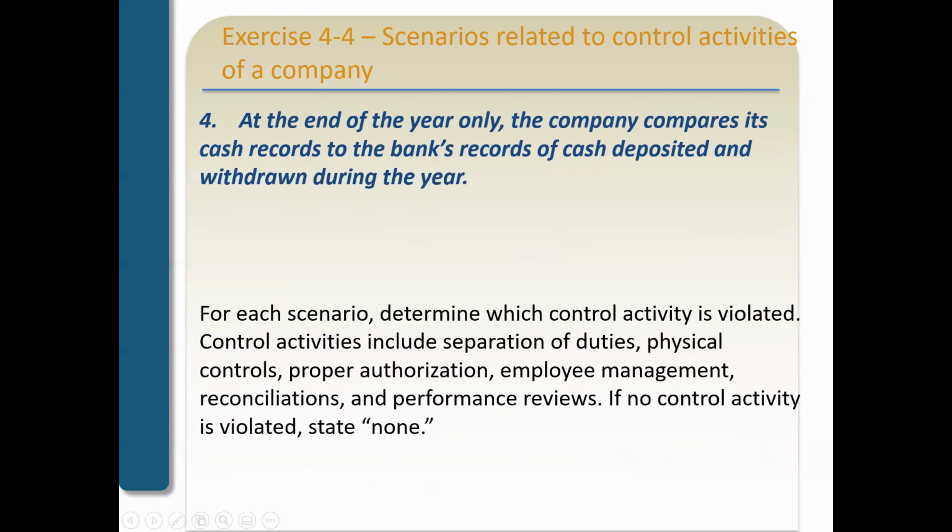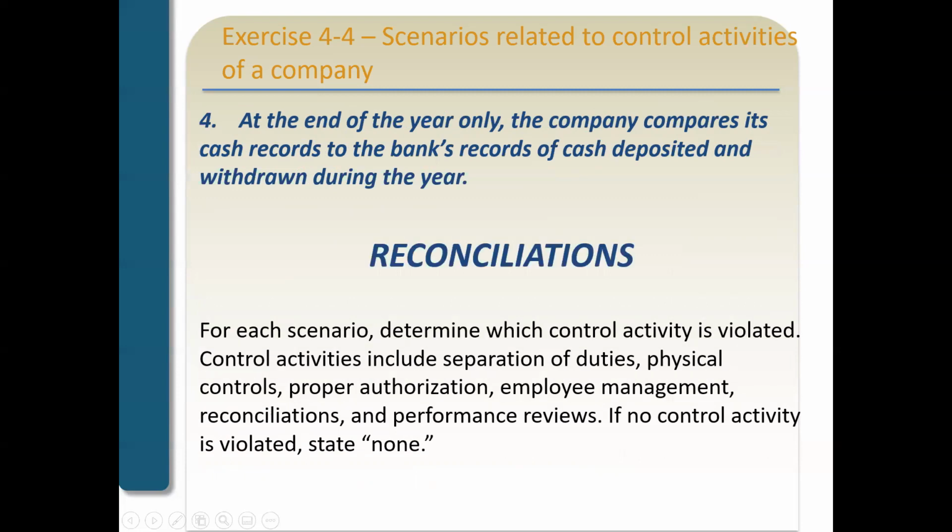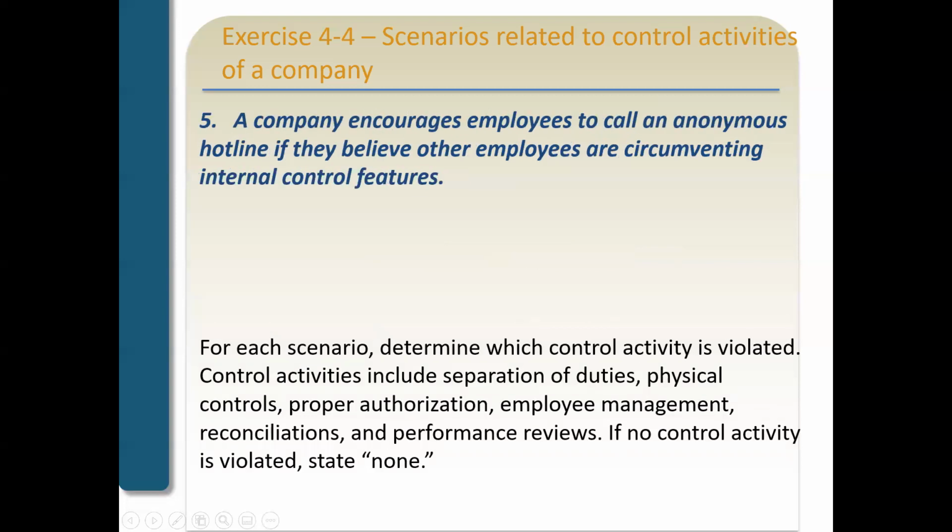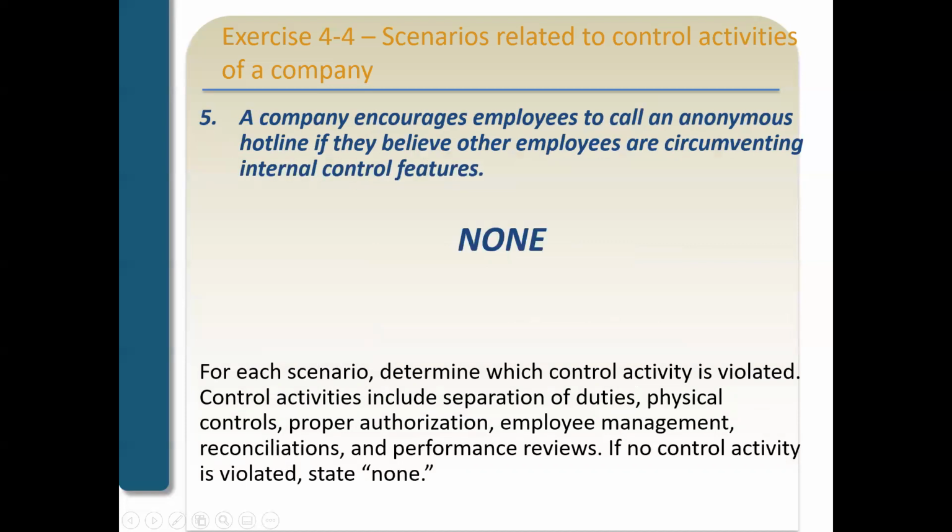They need to separate those duties involving cash. At the end of the year only, the company compares its cash records to the bank records of cash deposited and withdrawn during the year. They need reconciliations of quite a bit more than just once a year. A company encourages employees to call on an anonymous hotline if they believe other employees are circumventing internal control features.